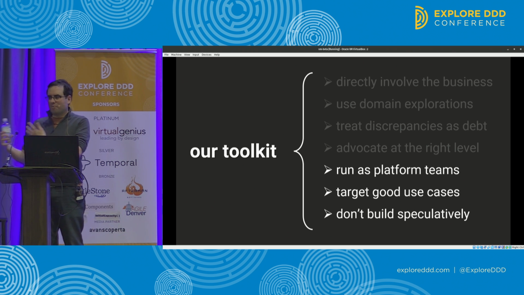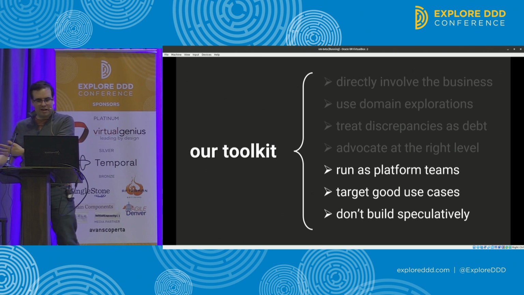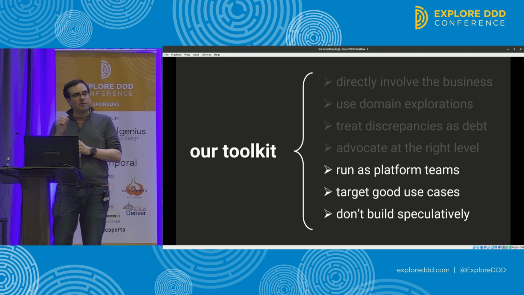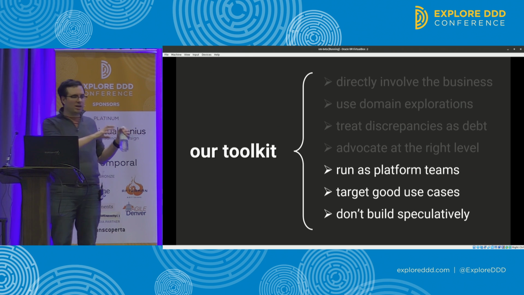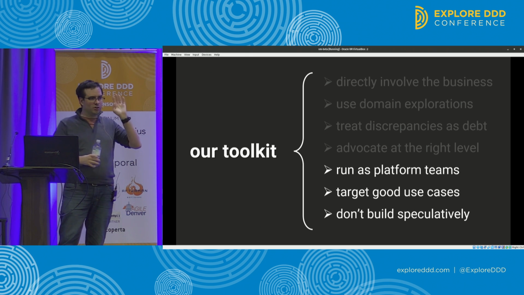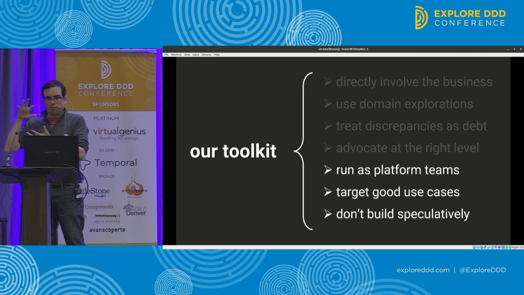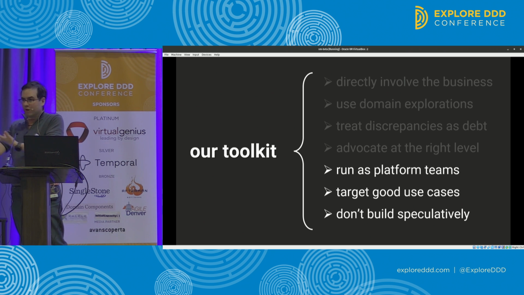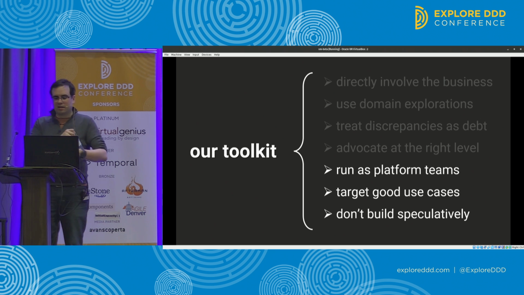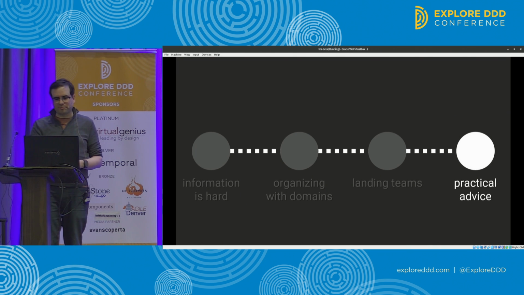If you have to waste that much ink on describing that it's a good idea, it's probably not a good idea. And then finally, we don't want to build speculatively. We want our domain-driven design use cases and the domains that they embody to be realized at the last responsible moment. We want to wait until we actually know it'll be real to serve those customers and to have that domain exist in the first place.